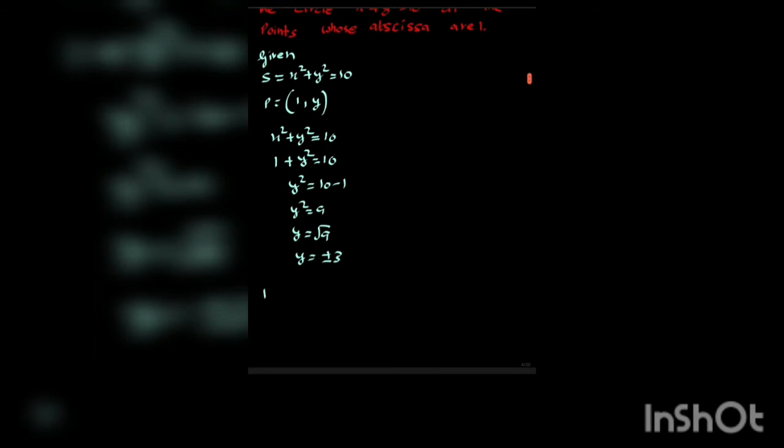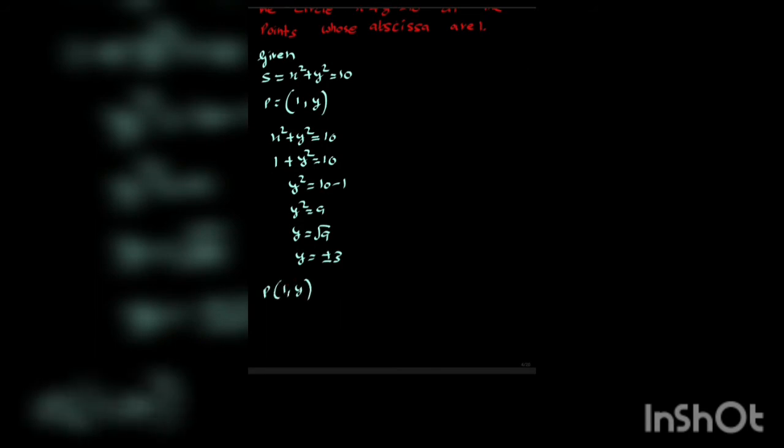So what is P? 1 comma y. So in y we have to keep plus or minus 3. So we got 2 points. One is 1 comma 3 and another one is 1 comma minus 3.